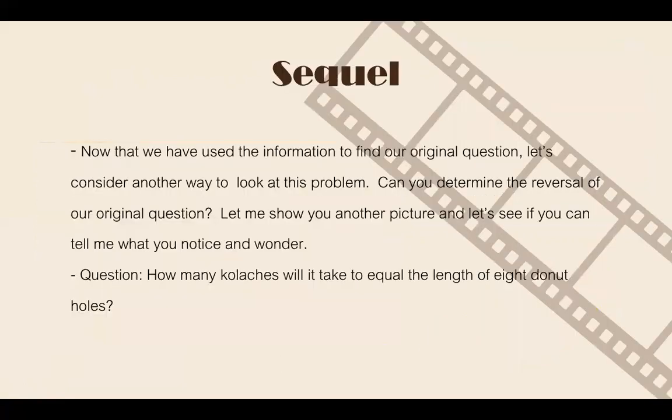So now that we've used the information to find our original question, you want to go back and think of more challenging problems to give to the students.